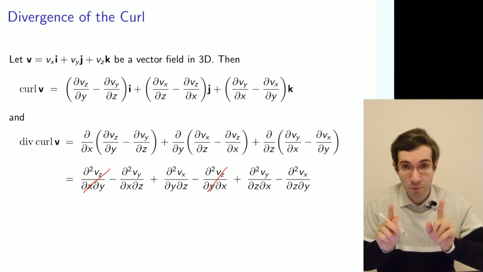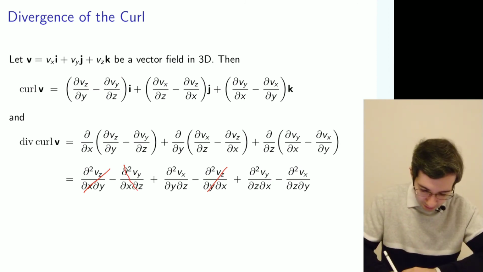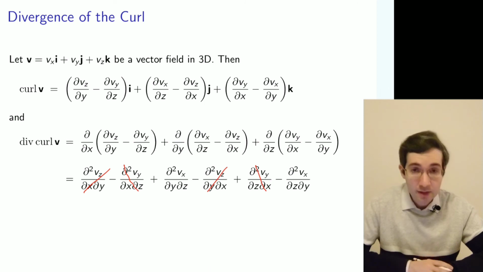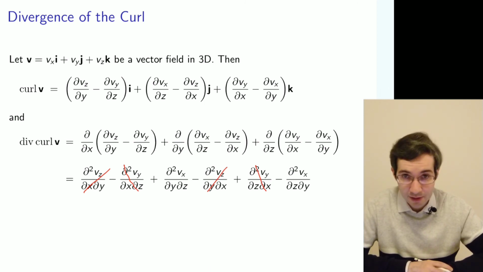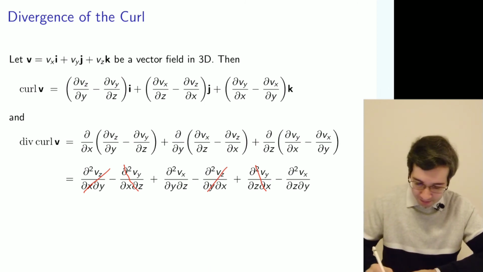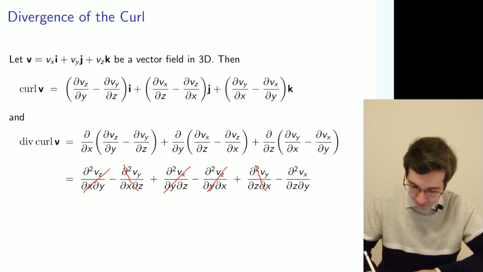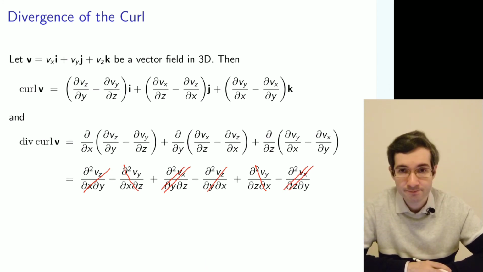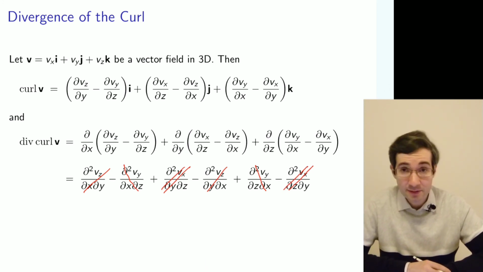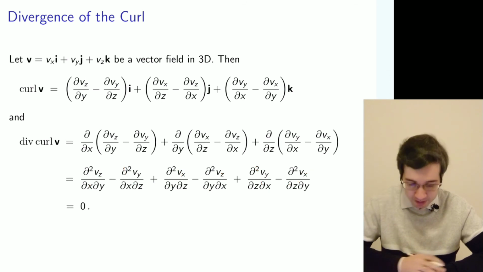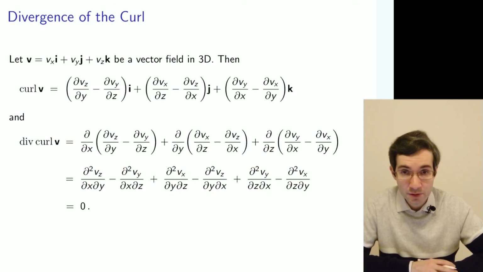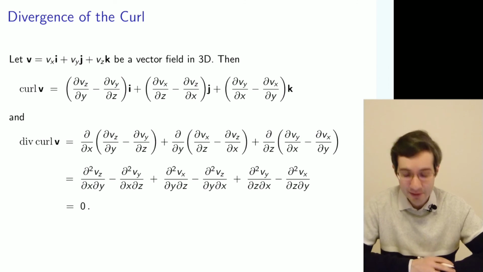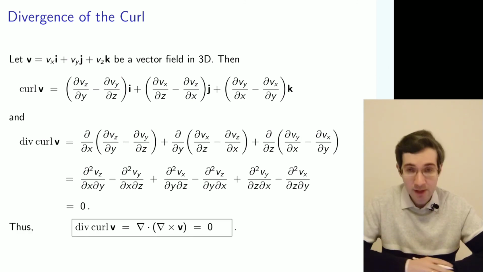Likewise, we have a pair of y which again cancel each other. And finally, we annihilate the derivatives of the x component. And there's nothing left. So again, we see that this is 0. So taking divergence of the curl of any vector field is 0, which is another property.